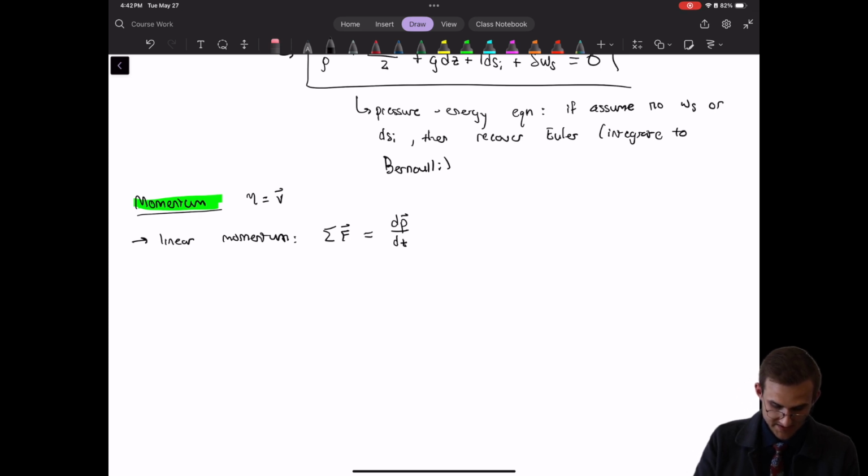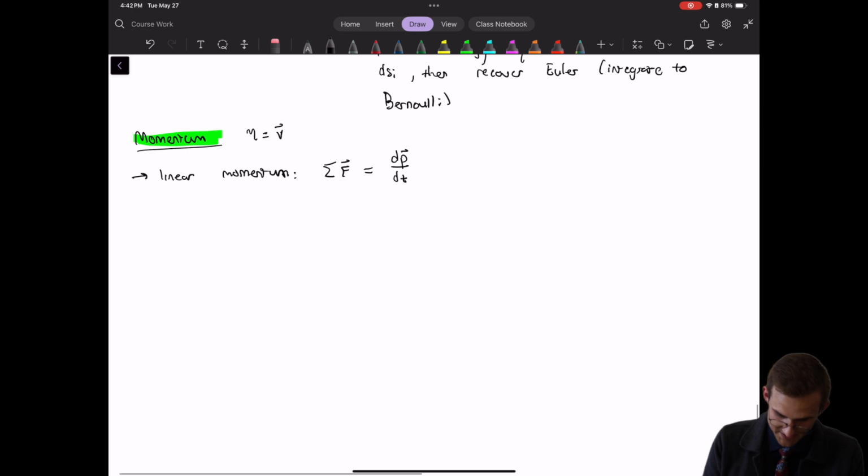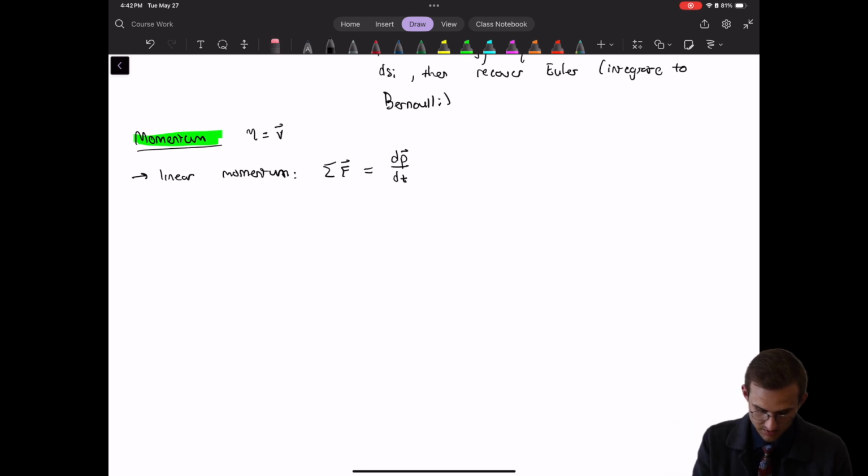And so in this case, we can sub this into the Reynolds Transport Theorem and say on the left-hand side, what we would normally have is dP dt, the total derivative of the momentum, P being the vector momentum here.